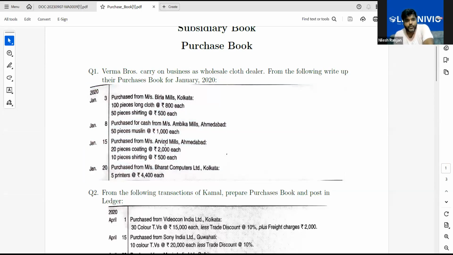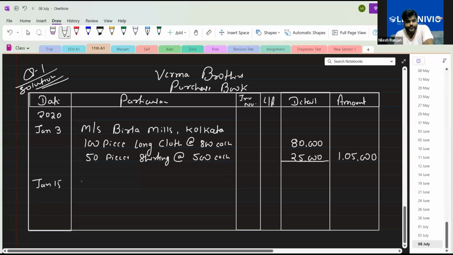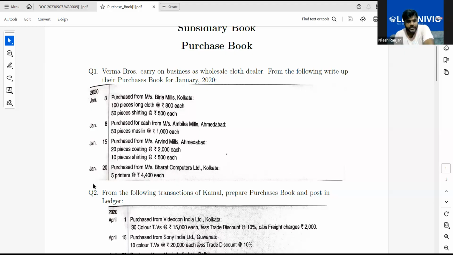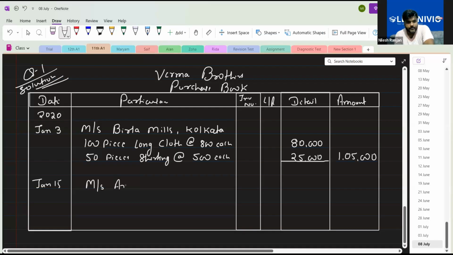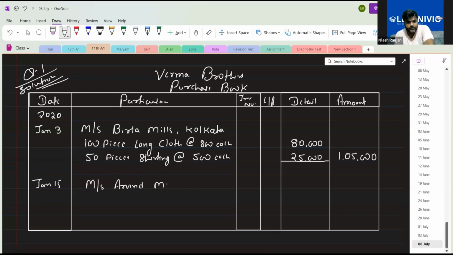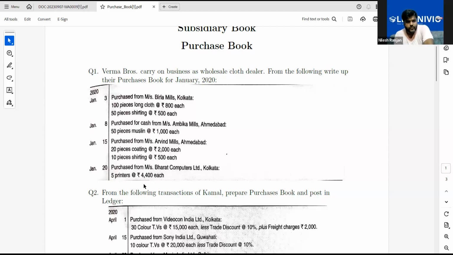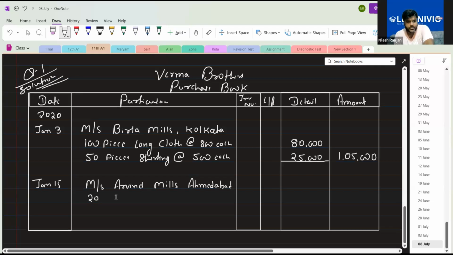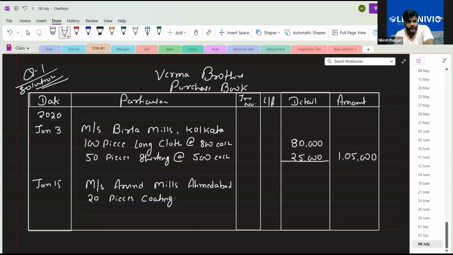Again, purchase from Messrs. Arvind Mills, Ahmedabad. So the Jan 15 transaction will be recorded. Messrs. Arvind Mills, Ahmedabad. 20 pieces at the rate 2,000 each.